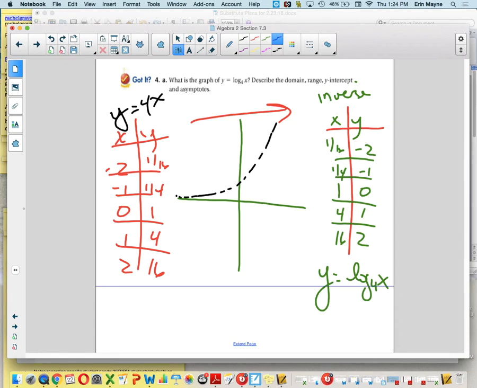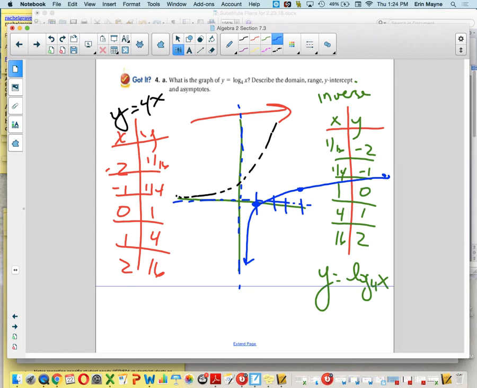I'm going to swap my points, and as I do, what you have to get in the habit of noting is this horizontal asymptote then becomes a vertical asymptote on the log. I have a point at 1, 0. 4, 1. 16, 2 is all the way down here. Okay. Makes sense, yeah?